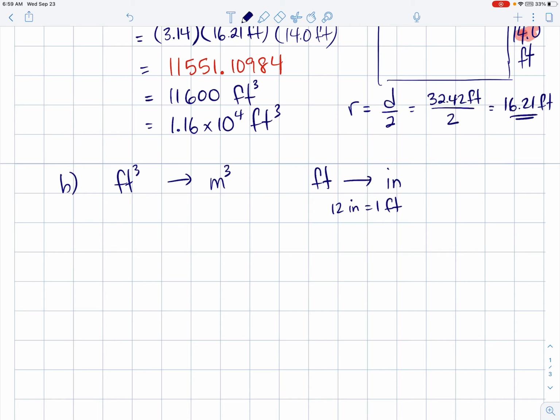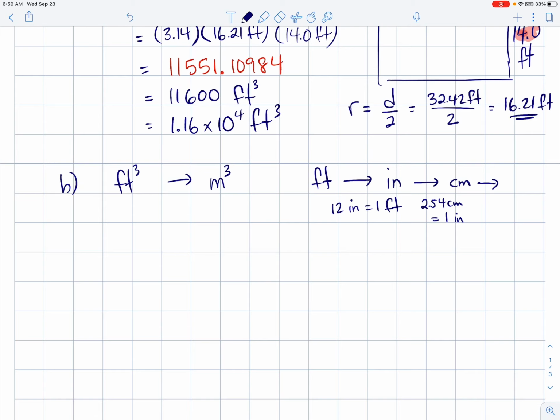I'm familiar with that. Next, I know how to convert inches to centimeters because, again, I know another fact. I know that there are 2.54 centimeters in 1 inch. Now, that's not a rounded off number. That's exact. Just like there were exactly 12 inches in 1 foot, there's exactly 2.54 centimeters in 1 inch.